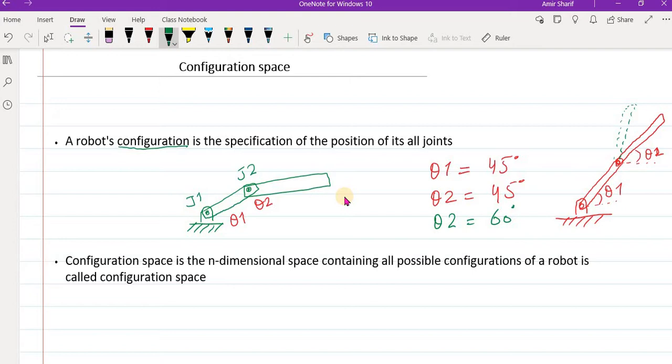So here we have learned what is the configuration of a robot. If this is clear, then we can now move toward the configuration space.